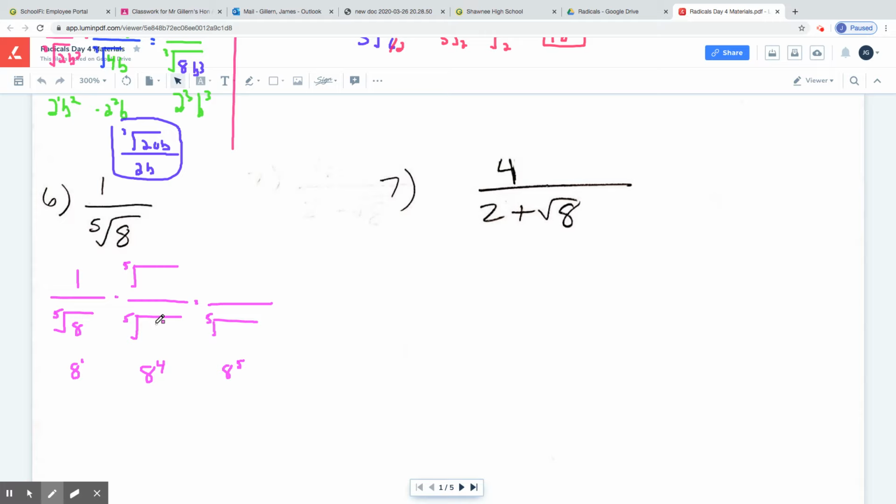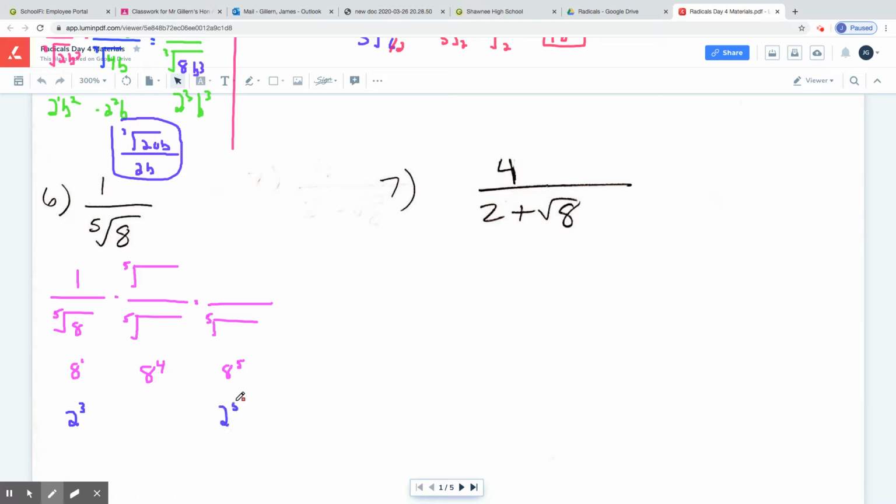So if possible, if you have a number like 8, what can you write 8 as? Can you write it as something to some power? Well, isn't 8 2 cubed? So now it's a smaller number, easy to work with.